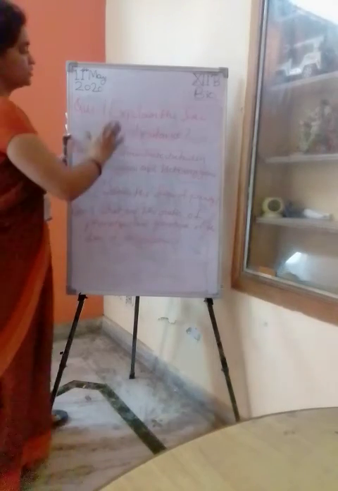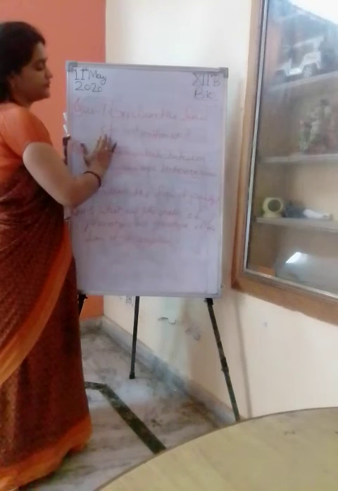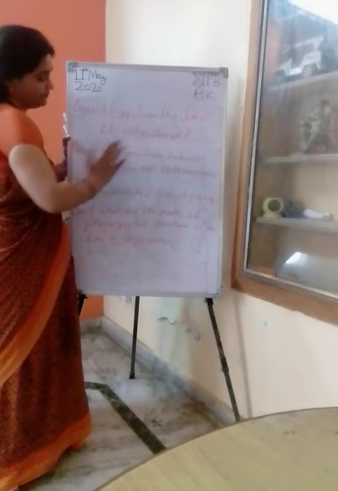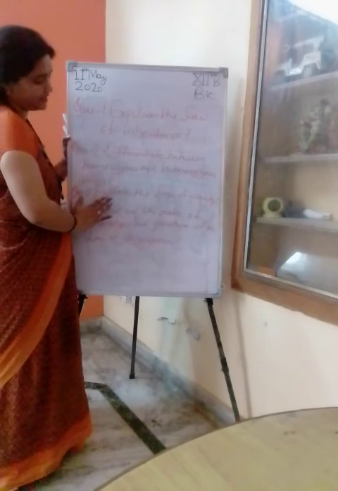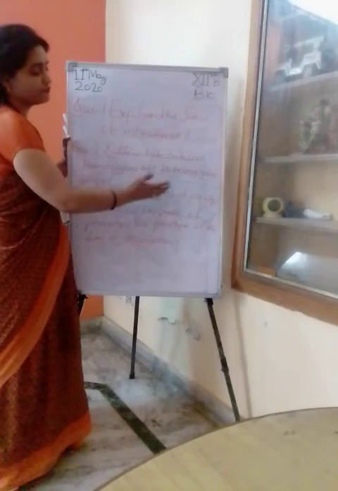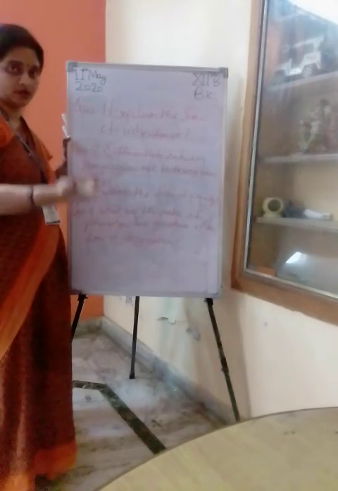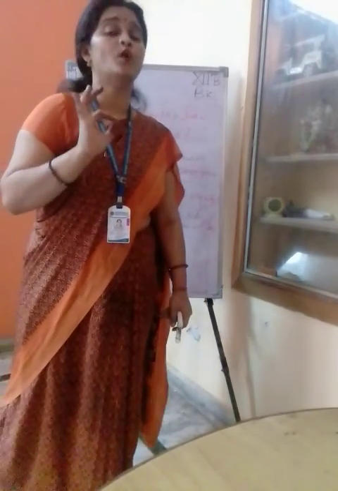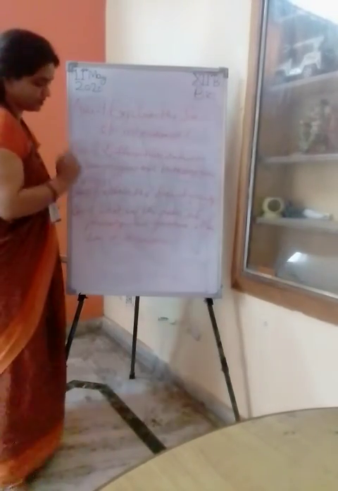Okay students, so I am repeating these questions. Explain the law of inheritance, differentiate between homozygous and heterozygous, and explain the law of purity. It means you can say the pure lines. That is a very important question, and for your knowledge, what is a pure line? So write down a question on pure line also.